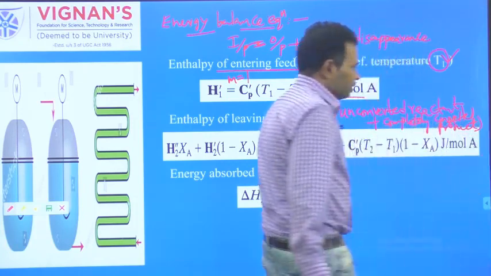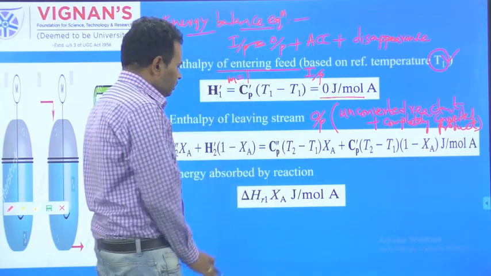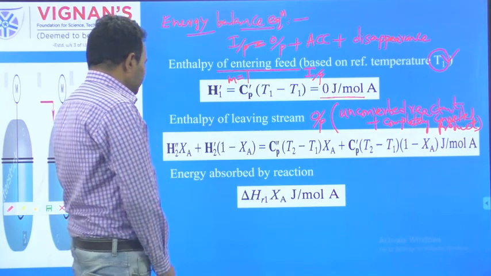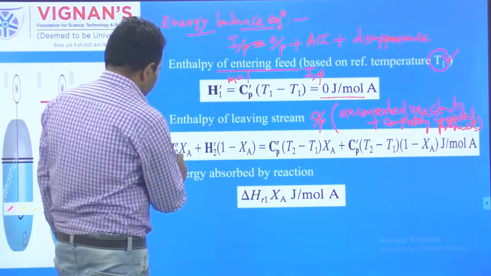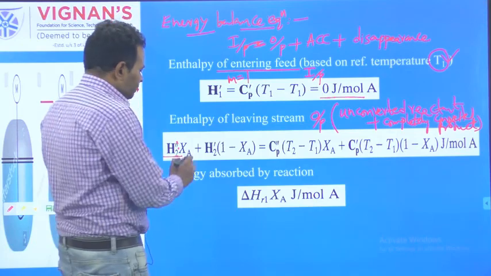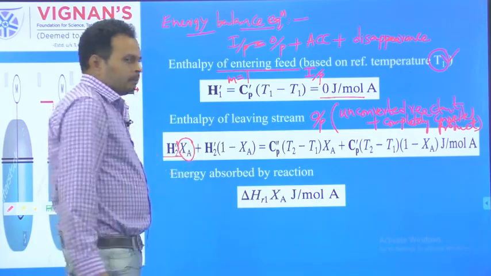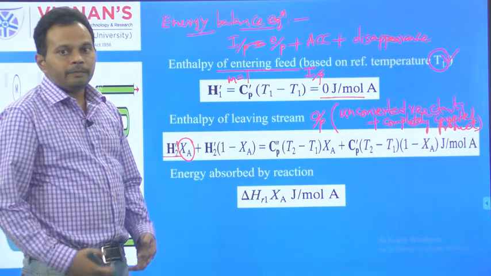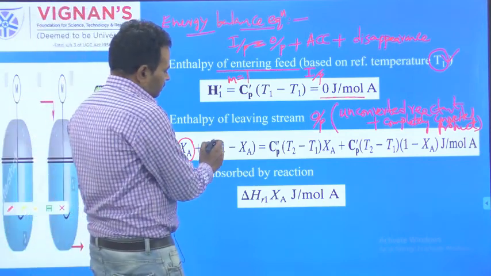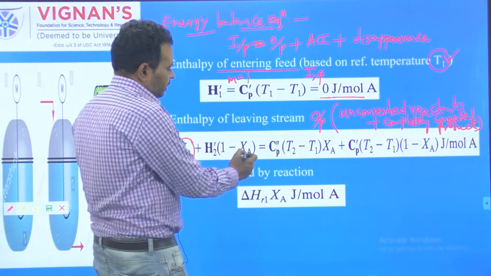First write the output for the completely converted product stream. For this, write H2 double dash, meaning the product leaving, where double dash is the completely converted, multiplied by the conversion of A. The completely converted product depends on the conversion of A, and for the unconverted reactant leaving, single dash refers to the unconverted, into 1 minus XA.